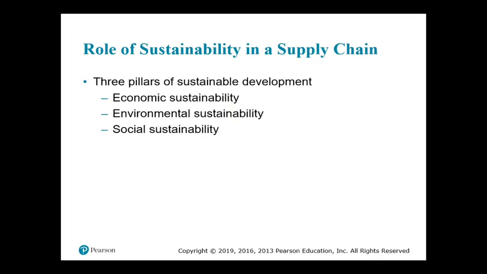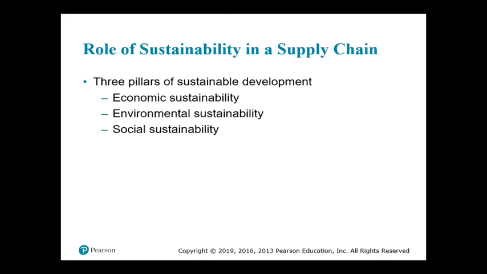So the United Nations has defined the pillars for sustainable development. One deals with economic sustainability, which is what we had been focusing on in the traditional economy.